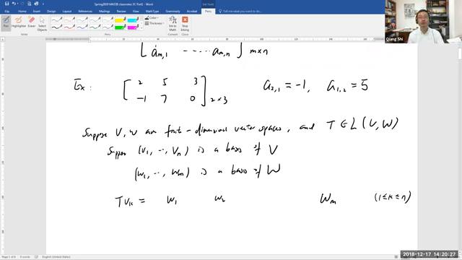If you list this individually, there should be n equations, T of V sub 1, T of V sub 2, and so on. On the right-hand side of each one, there should be m terms in that sum, because W sub 1, W sub 2 up to W sub m. So we need the coefficients in front of all those W vectors.